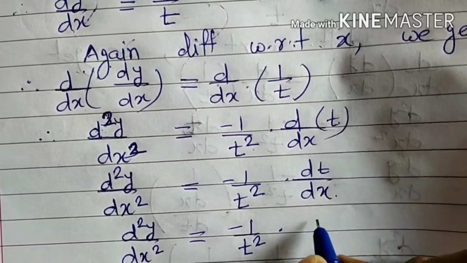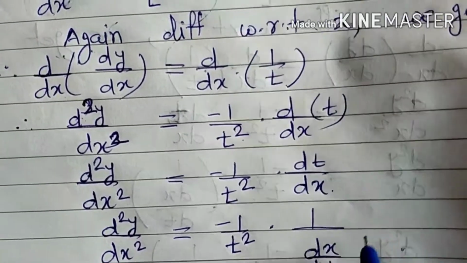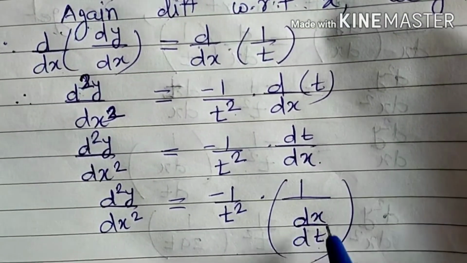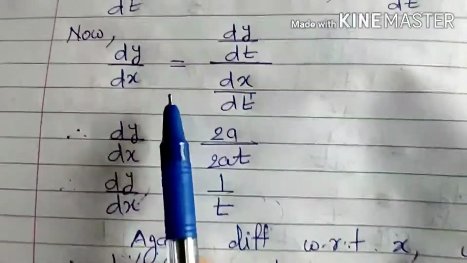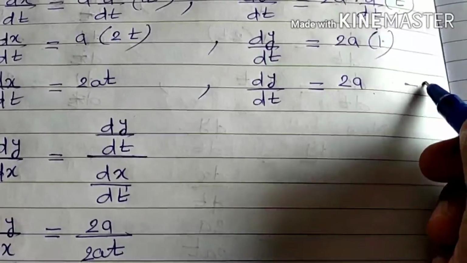So using laws of indices, we get 1 upon dx upon dt. And the value of dx upon dt is 2at, as in the first equation.